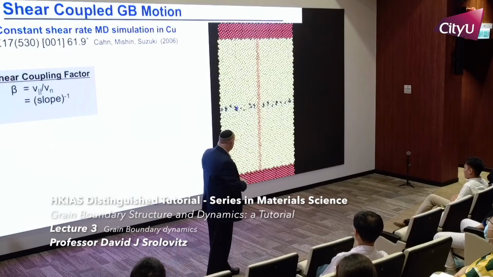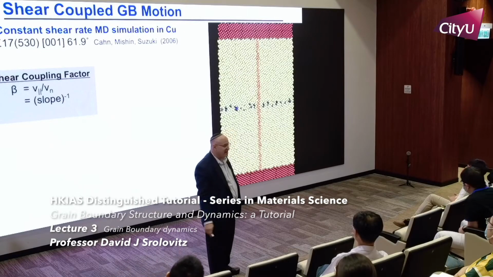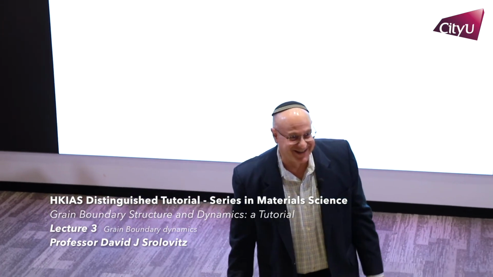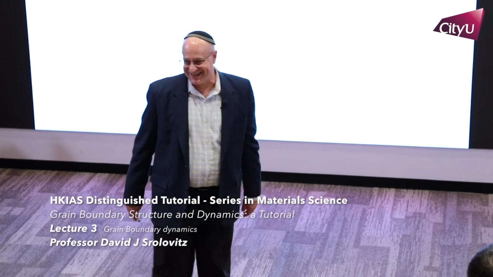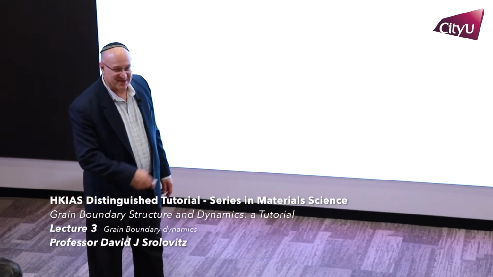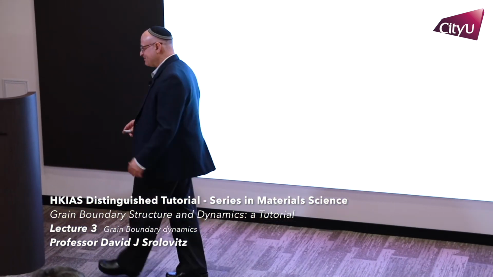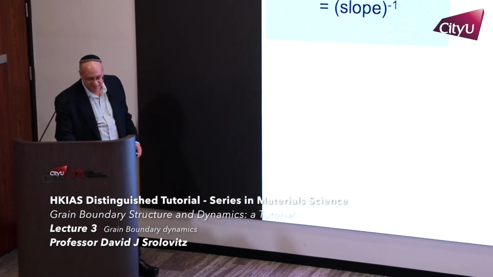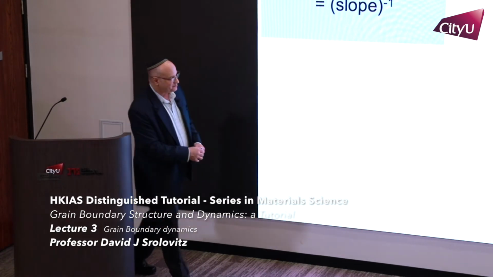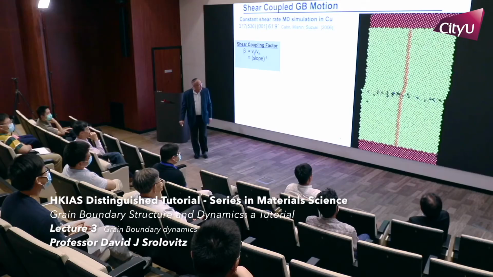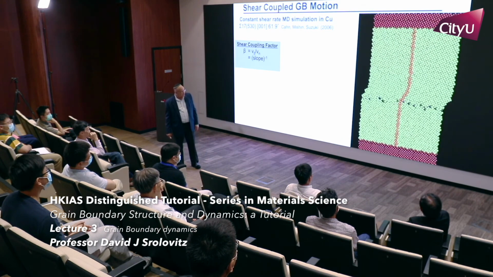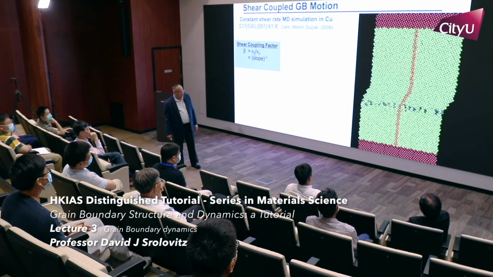Some of the atoms we paint pink or red, and the experimentalists used to call this a scratch. It's a fiducial mark, but in the simulations you just color them in. And let's just watch this. So you're shearing the top to the right. The grain boundary's moving down as the crystal shears over.